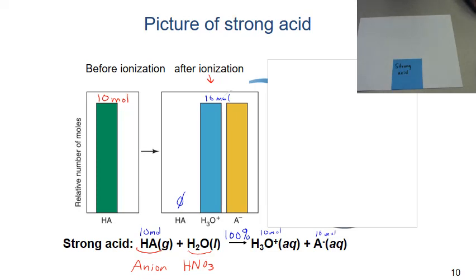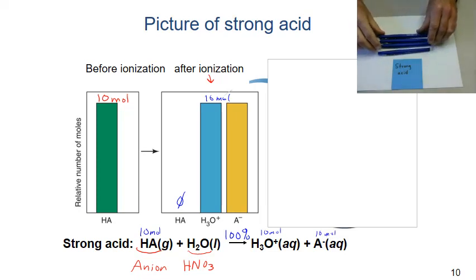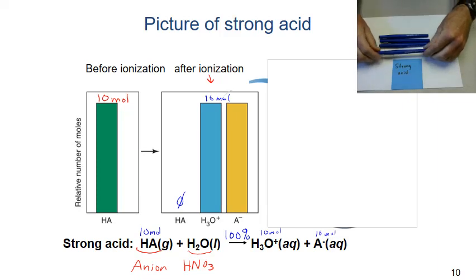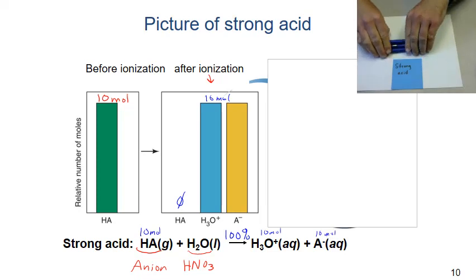But look over in the picture box, and let's look at the blue pens as a representative of a strong acid, where each strong acid is composed of an anion, the pen base, and an H+ ion, the pen cap. In a strong acid, the ionization is 100%, meaning all the H+'s come off to react with water.